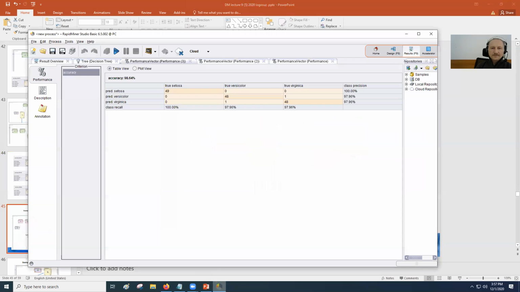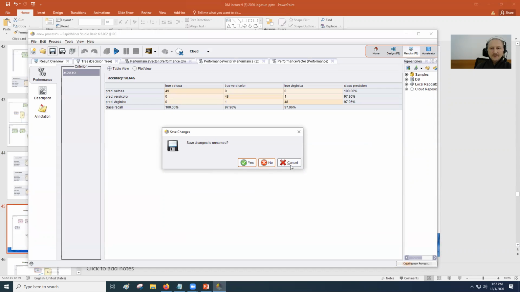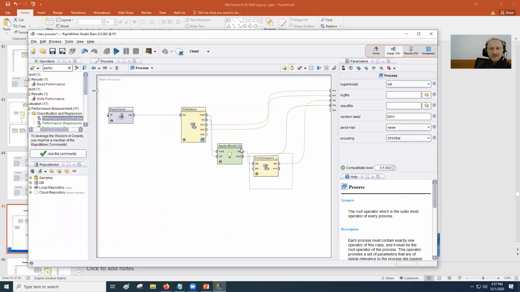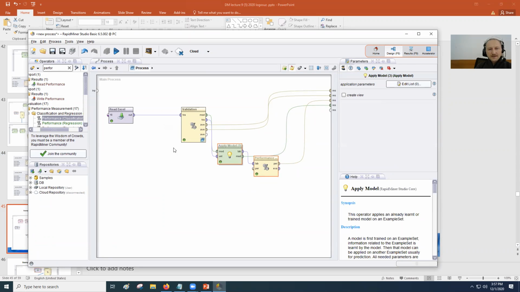So, the second method. In the second method, let's open a new process. Before going to the new process, let's copy and paste some of these. Apply, because we will use this one and this one. Copy. New process.